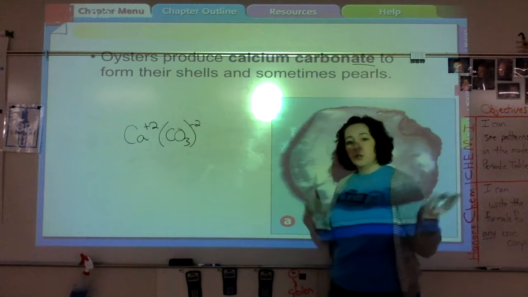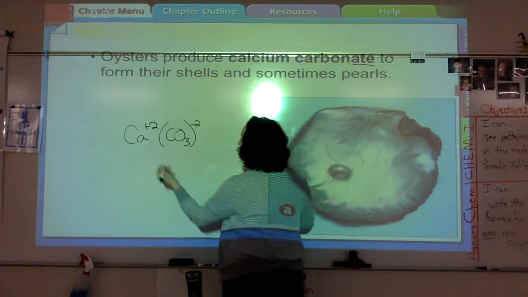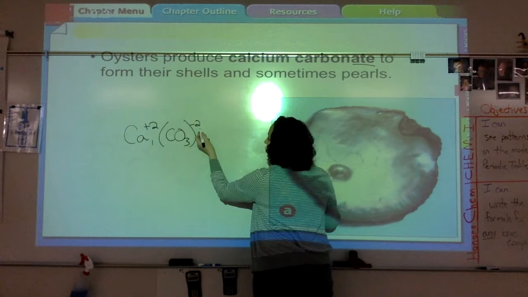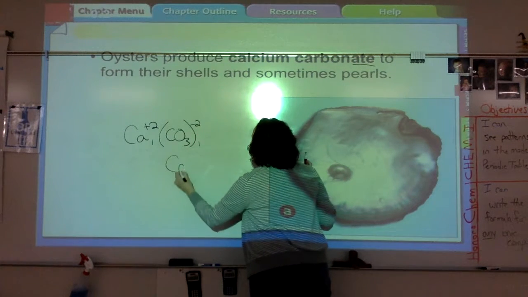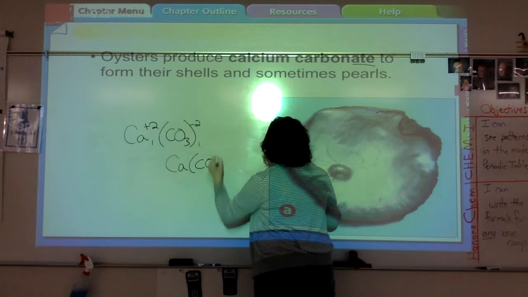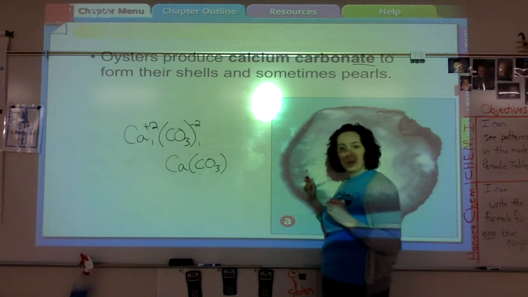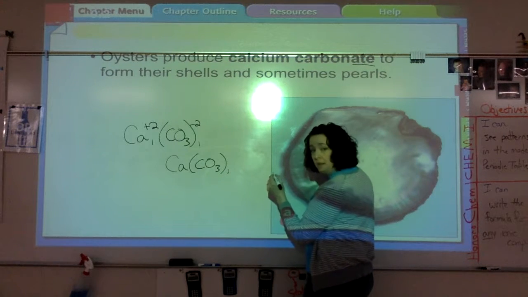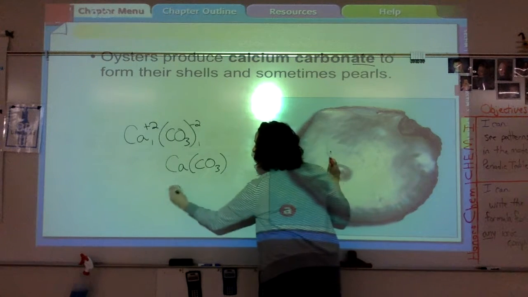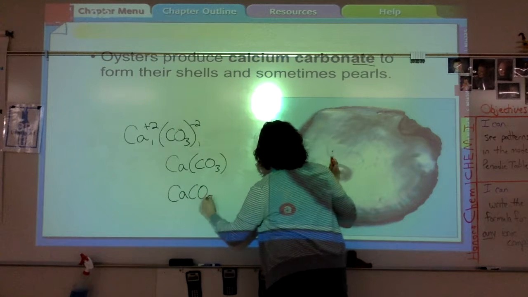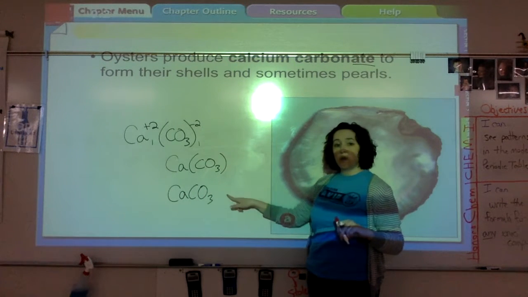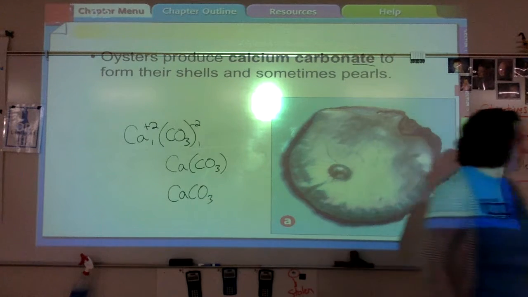Least common multiple of 2 and 2 is 2. So calcium is 2 times 1. Carbonate, 2 times 1. So the formula is CaCO3. If the number on the outside of the parentheses is 1, you do not have to have parentheses at all. So in this example, you can have parentheses or not. Doesn't matter.